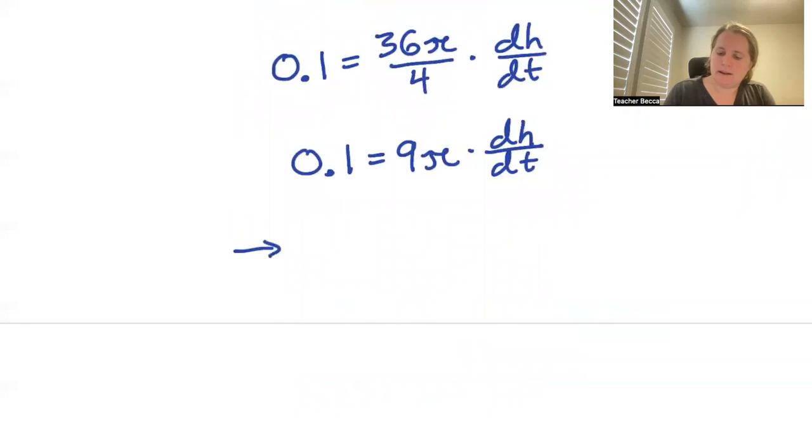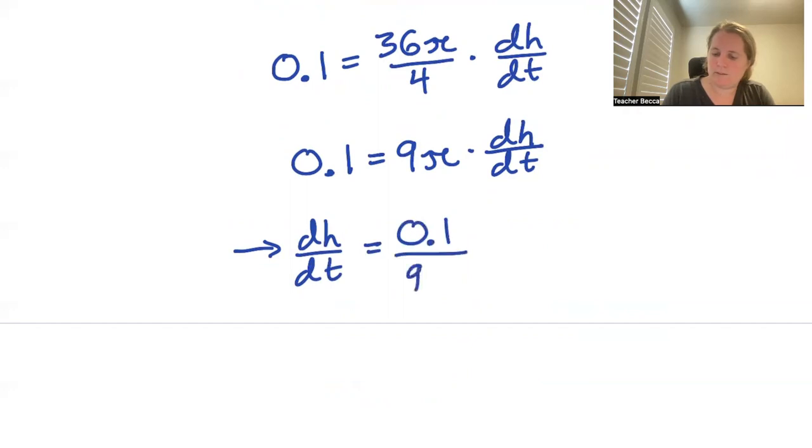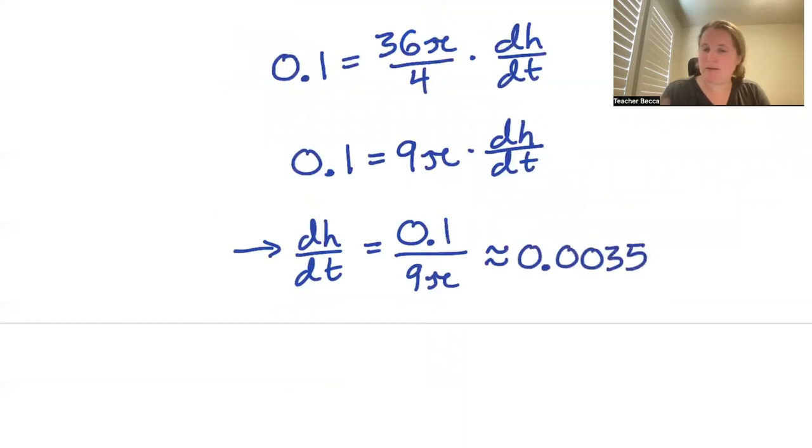So we get that dh/dt is equal to 0.1 over 9 pi, which is approximately 0.0035.